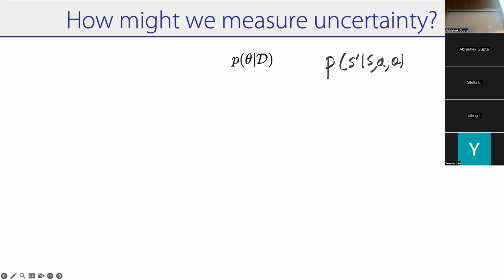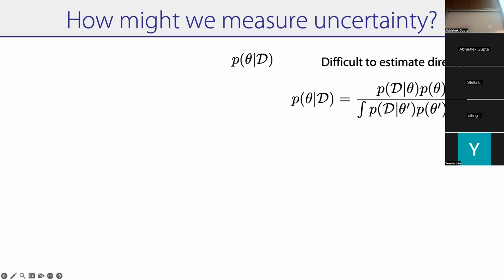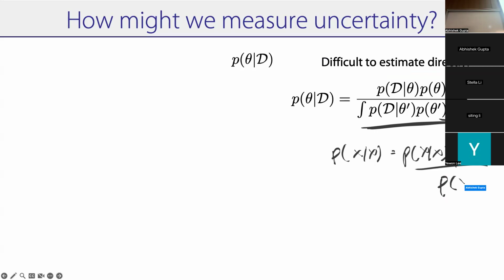Maybe the next animation will help us here. The way I'm going to parameterize this thing is by Bayes rule. Bayes rule says that P of x given y is P of y given x, P of x, divided by P of y. I'm sorry, my x's and y's look the same.